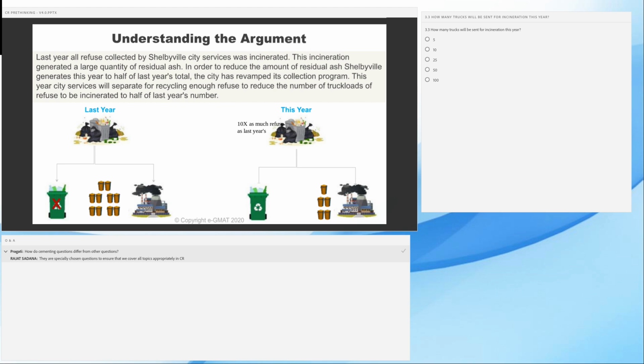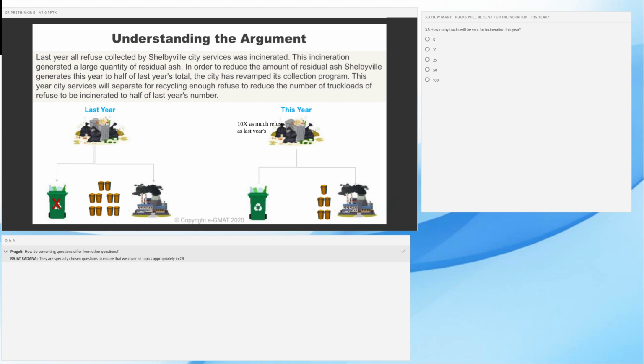23 responses. 24. Come on. Can we get to 40 responses here? You guys have read this argument. 25. How many trucks will we send for incineration if we collect 10 times as much refuse as we did last year?